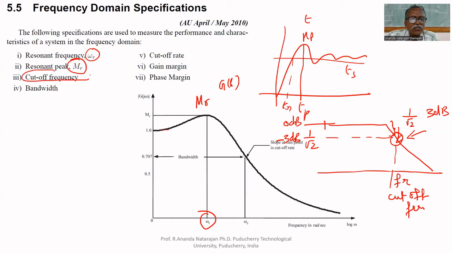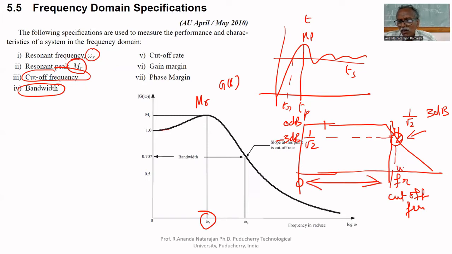Here, the bandwidth, the range of frequency from 0 to FR or omega R. We can say FR or omega R. If radians, it is omega; if hertz, it is F. So this width is called bandwidth.